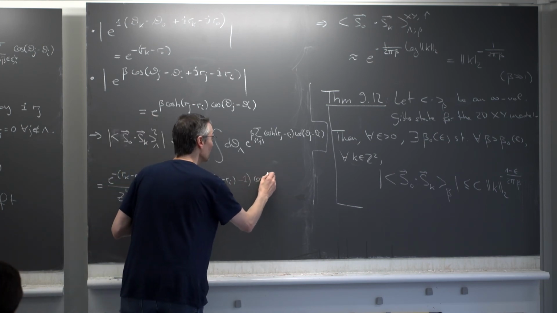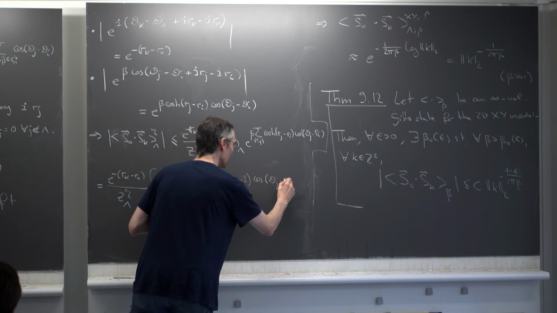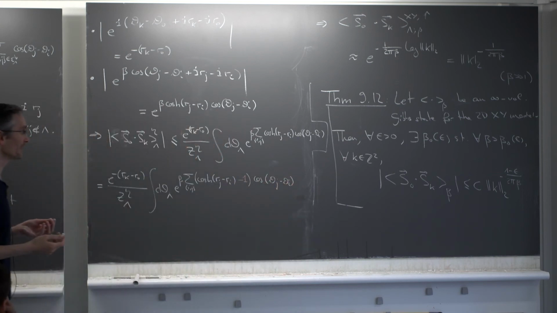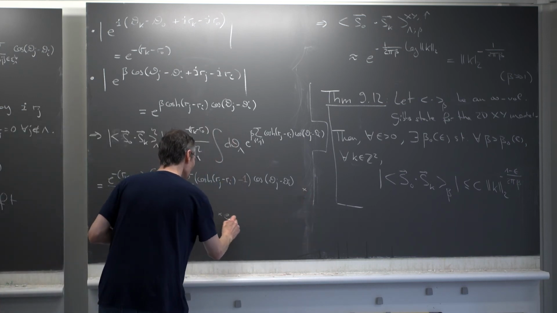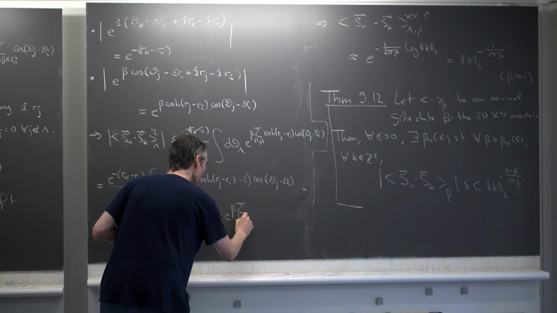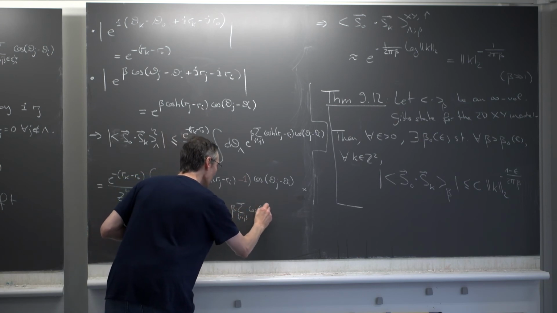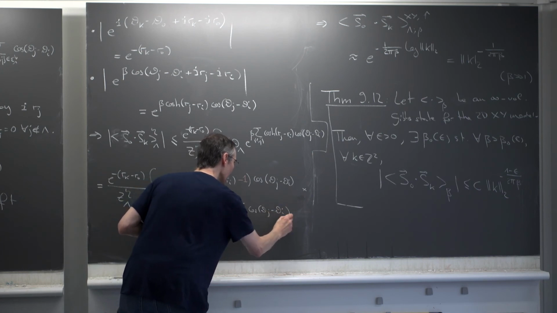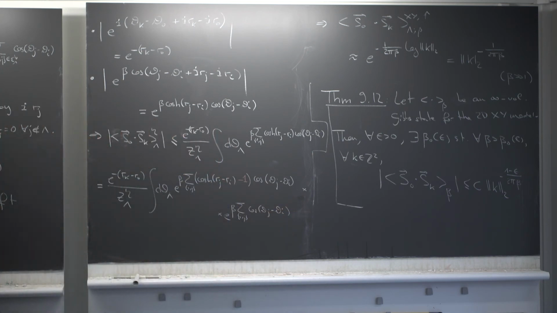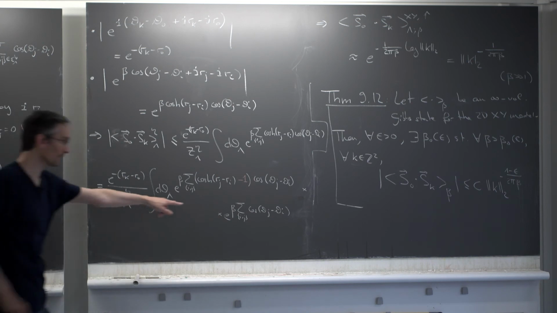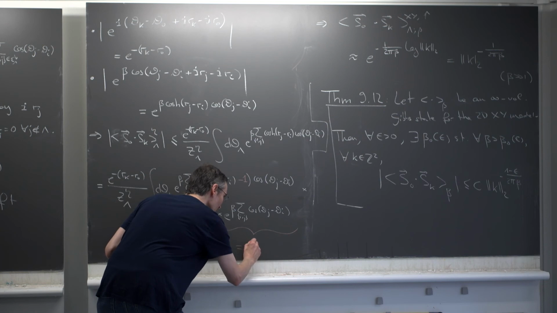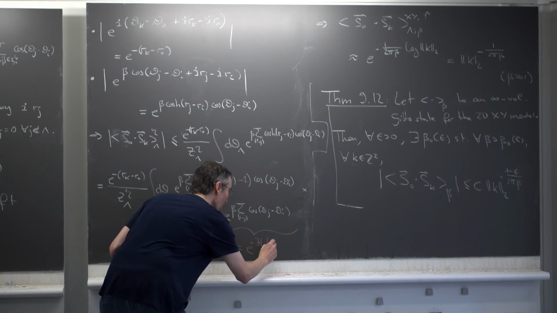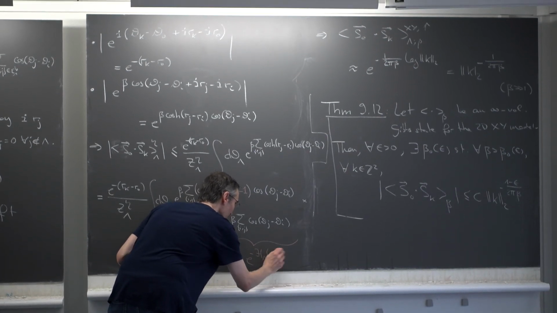If I do that, of course, it's not an identity, so I have to correct. So this is multiplied by e^{β sum over all ij's of cos(θ_j − θ_i)}. Okay, now it's an identity. But what I've added here is just the Boltzmann factor. So this is equal to e^{−H_Λ(θ)} of the configuration θ.